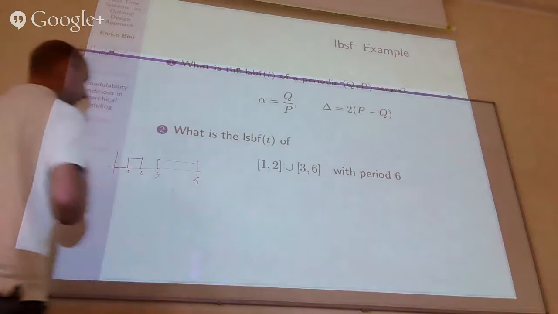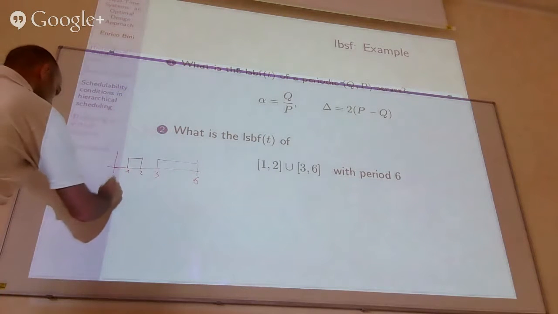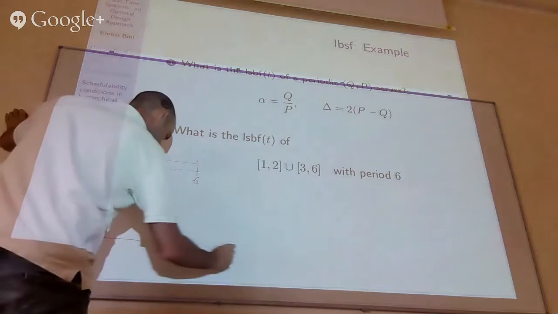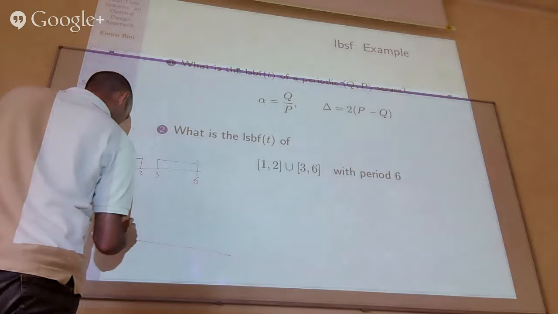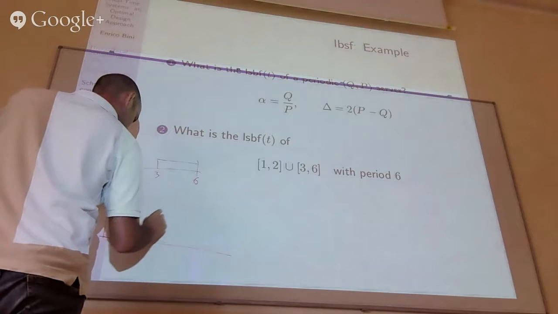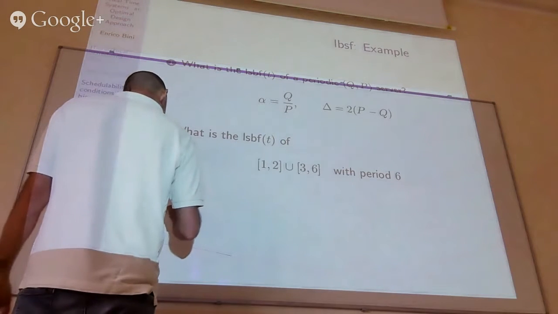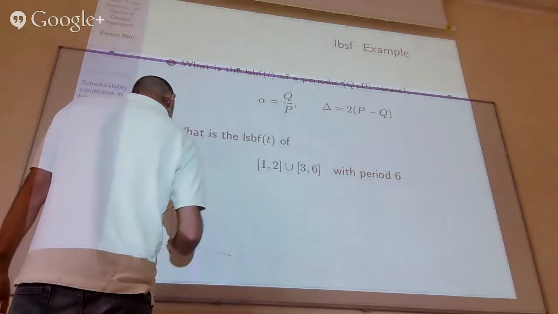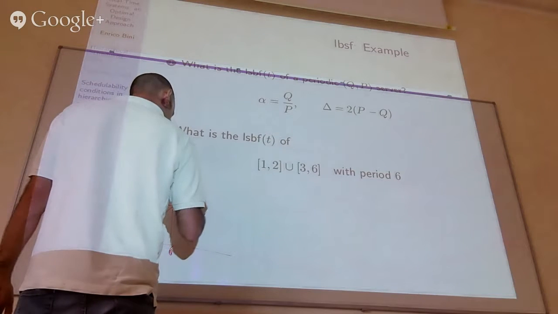So if you compute the supply bound function, it is like this. It's flat here. It has a step here. Flat here. There's a step of 6. And then it's a piece.